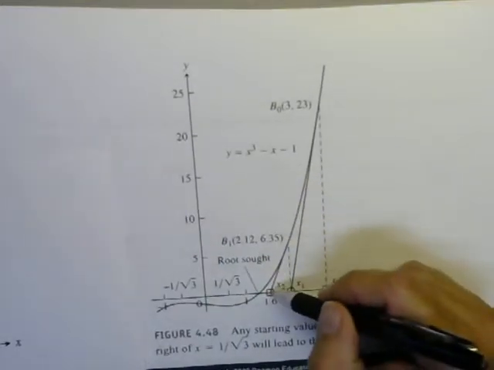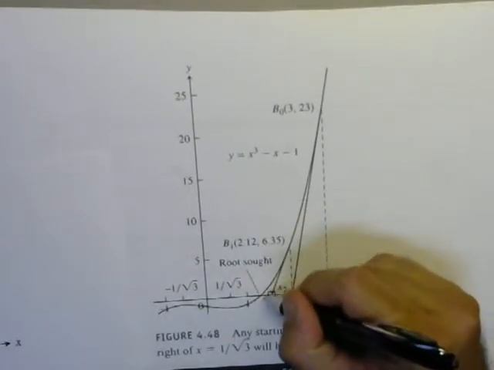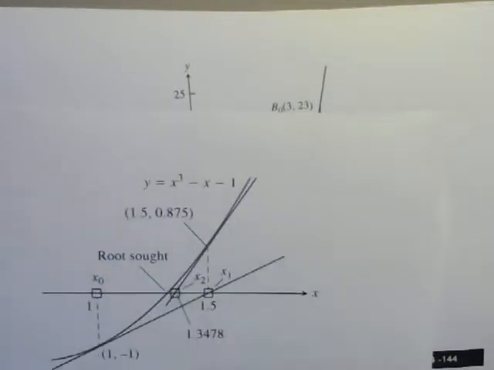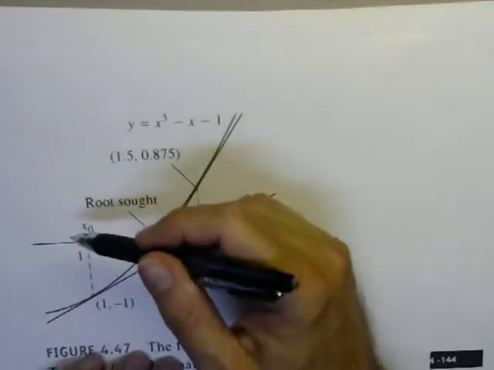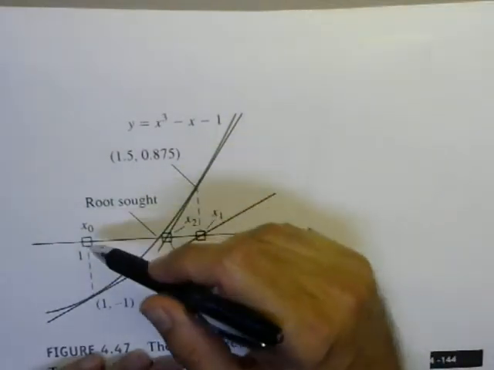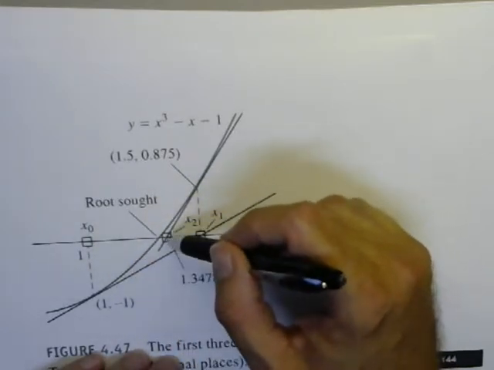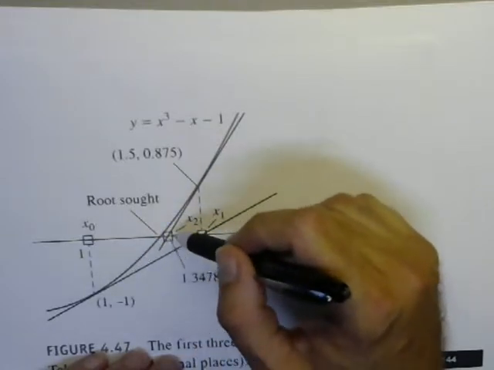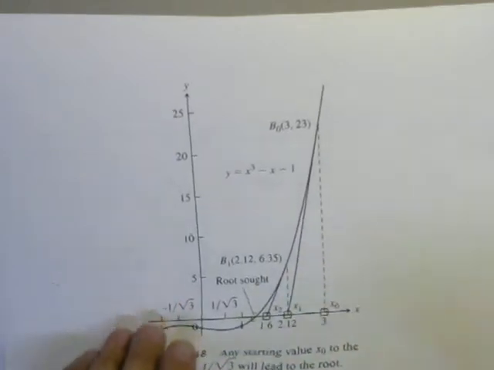So if I want a better idea of what this root is, I might want to try Newton's method a couple more times, and then I might get even closer to that root. So the 1.3478 is probably a better approximation. The only difference is if you start with a different number, you may have to go through more iterations to get closer to the point that you're at. So the closer you can start to the root, the better. So 1 is closer to the root than 3 is.